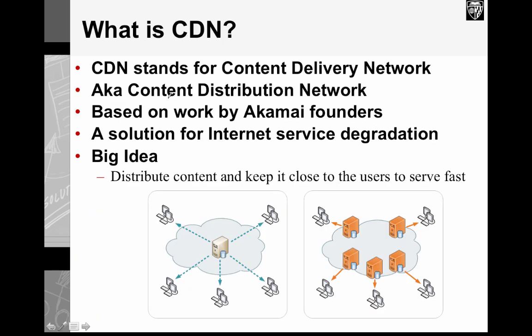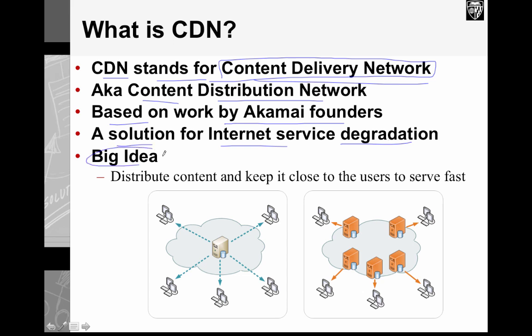So what is CDN? CDN stands for Content Delivery Network. It is also referred to as Content Distribution Network, although this is a much more popular term. Content distribution is part of content delivery, it so happens. It's based on the work done by Akamai founders. It's a solution for internet service degradation. And what's the big idea behind this? Take the content and distribute it over the globe so that you can keep the content close to the users so that it can be served fast.